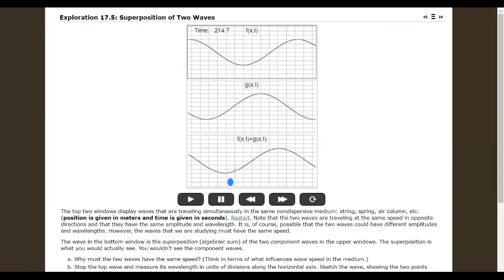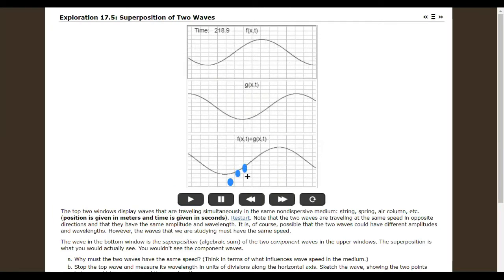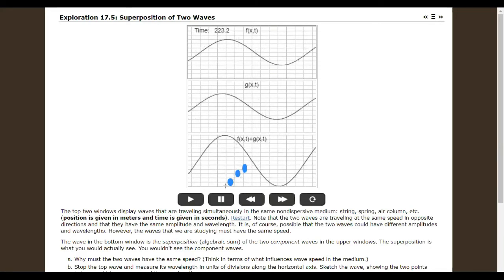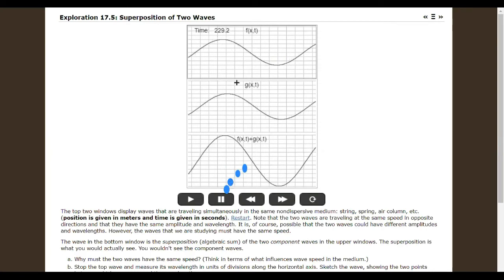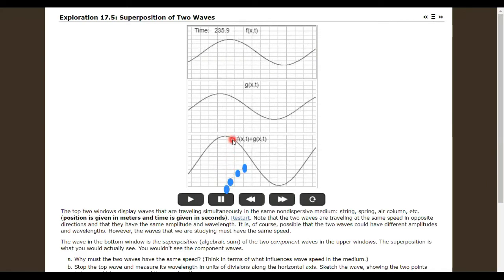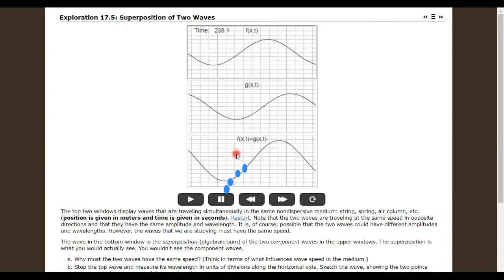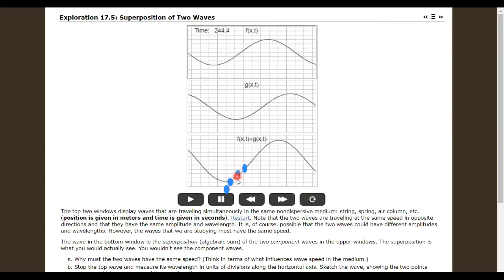This particle is covering a certain distance downward, and then it is moving upward, but it is not covering the same distance as covered by this antinode particle. So this particle is having an amplitude less than A.